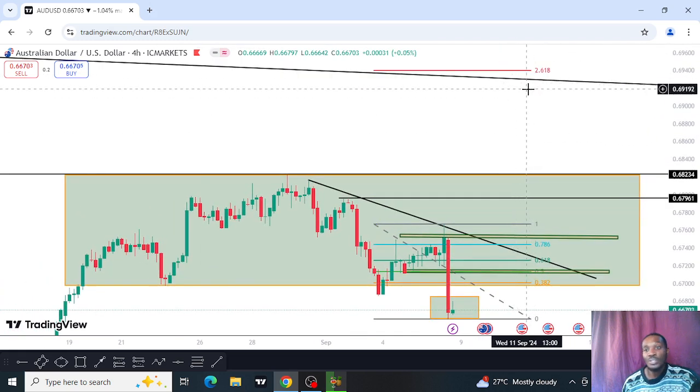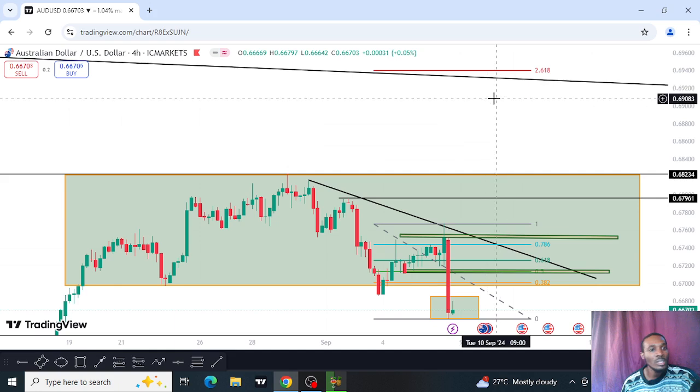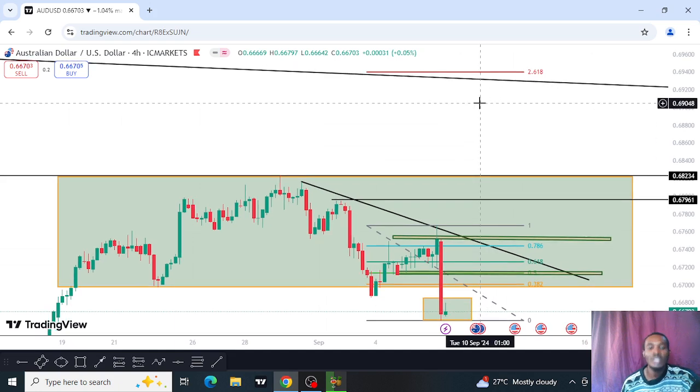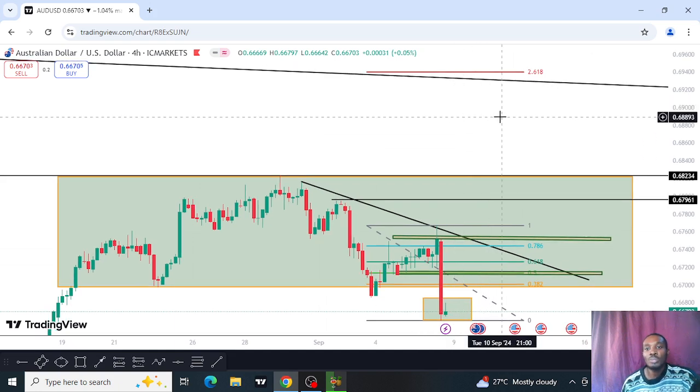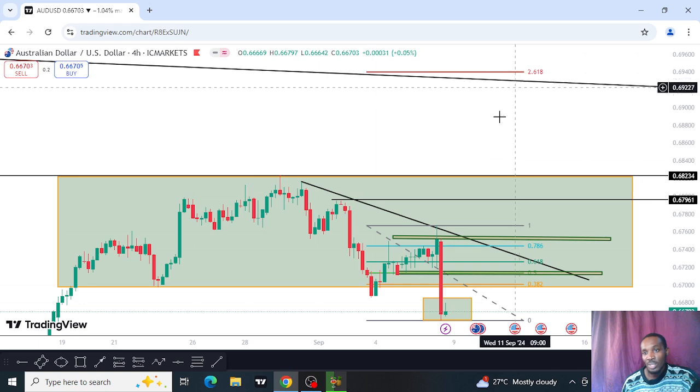Remember, this trend line is from where? From the monthly 3 months time frame. It's a very old trend line, so it took years for it to build. So whenever price takes out this massive resistance zone, it is coming to test this trend line.